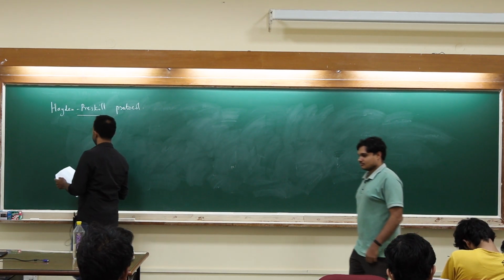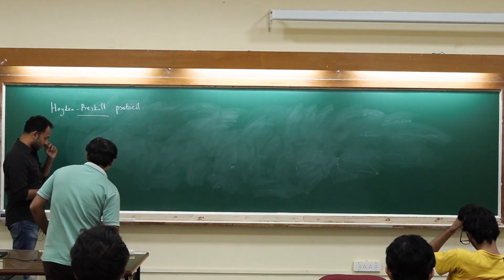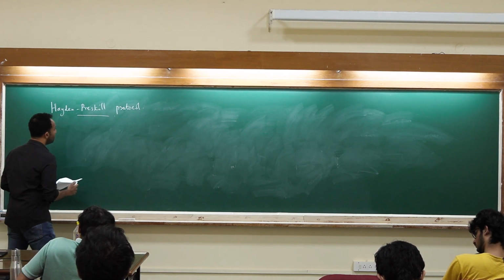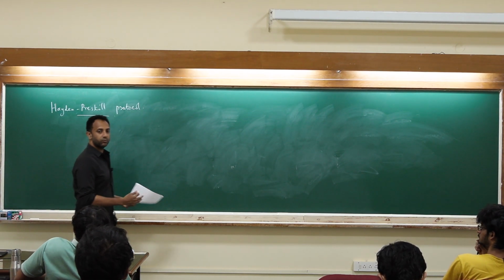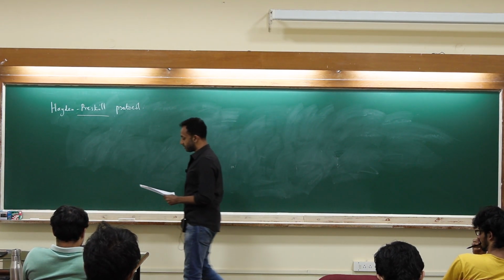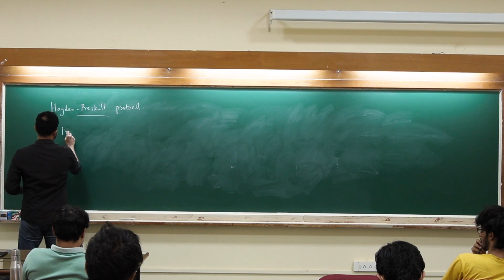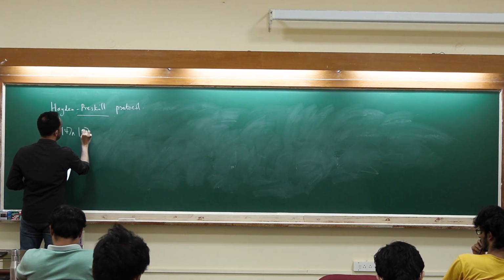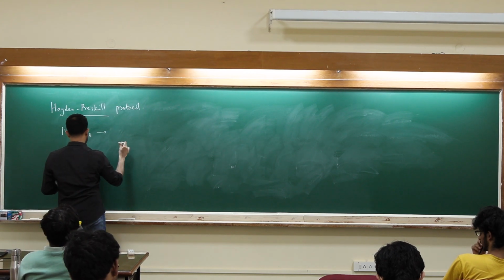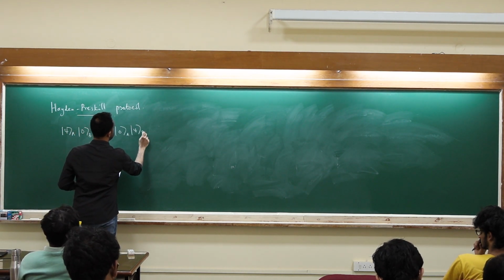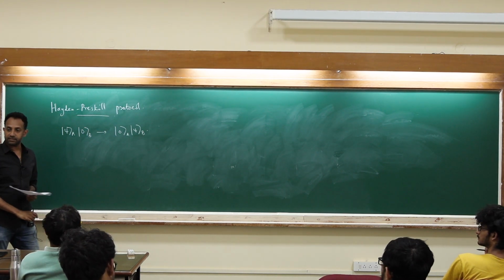So what the Hayden-Preskill protocol is basically about is that first we have to define what we mean by extracting quantum information. So we'll say some words very roughly. Let's look at some example of what it means. I'll tell you why; this may sound disconnected and abstract.